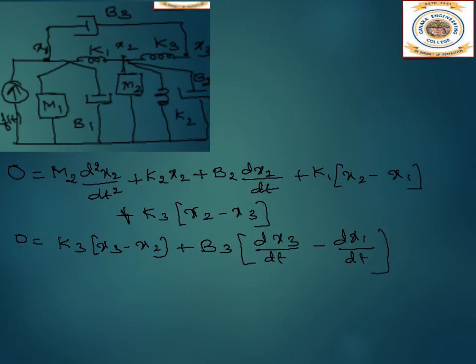So these are the three equations. Now let us substitute v for dx by dt, and dv by dt for d square x by dt square. V is velocity over here, and x will be integral v dt.